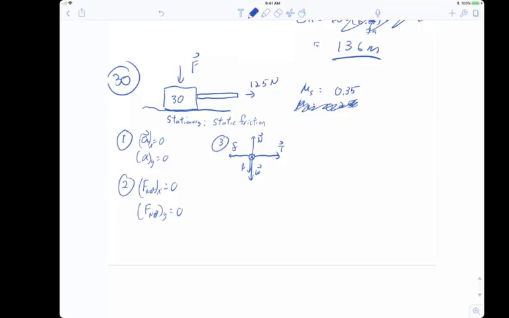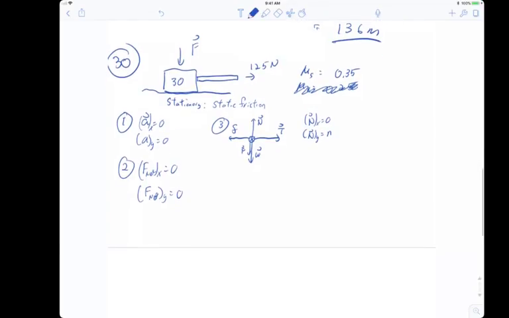So now let me write out all these forces. Normal force in the x direction 0, normal force in the y direction, I don't know what. Tension in the x direction is given 125 newtons. Tension in the y direction is 0.